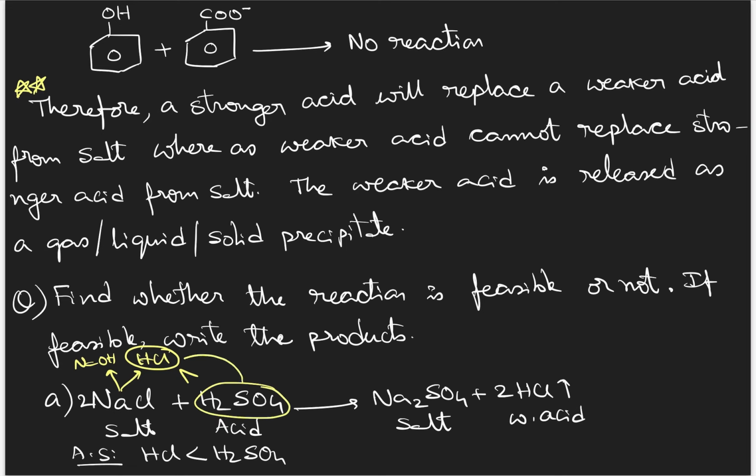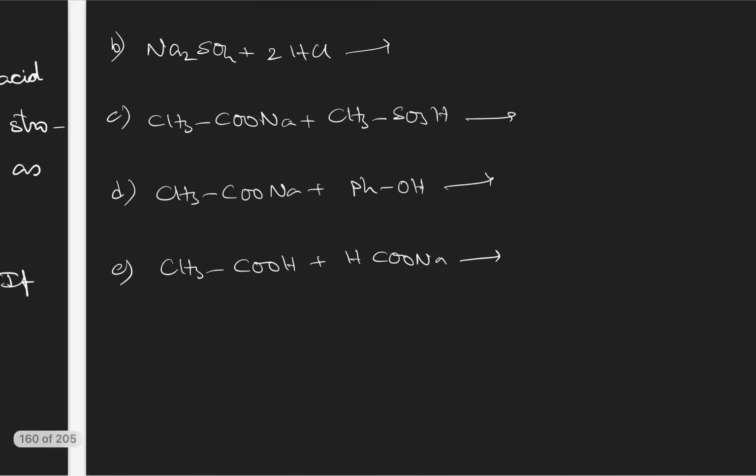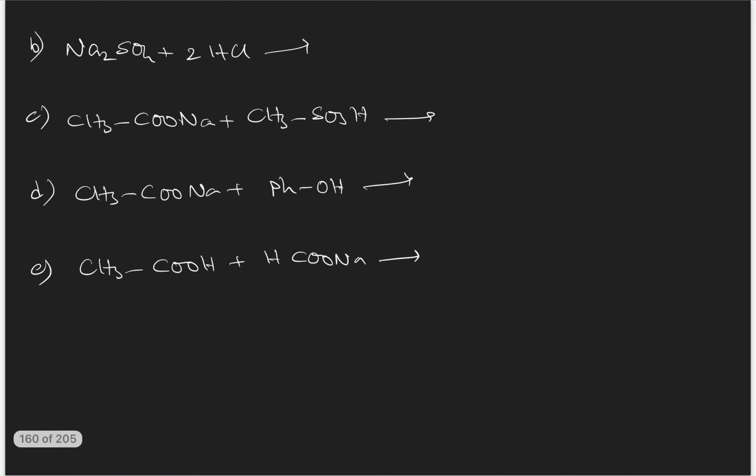Therefore, the strong acid H2SO4 will throw out the weaker acid HCl and form its own salt with NaOH, that is sodium sulfate. And HCl, a weak acid, goes out here in the form of gas.